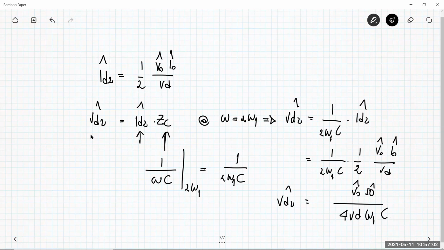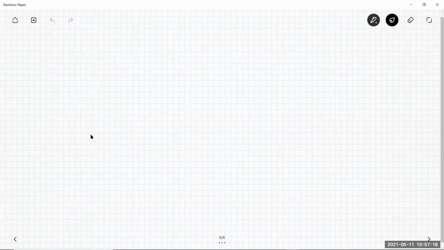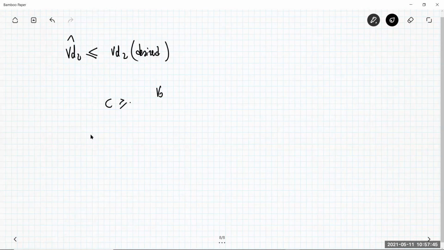This is VD2 peak. For example, you can now design C with the aim to limit this voltage peak across the capacitor C. So for example, if VD2 peak should be less than or equal to a desired value VD2, very small, say I don't want a very large ripple across this capacitor, then you can say that C should be larger than V naught I naught over omega 1 VD multiplied by this VD2 desired.